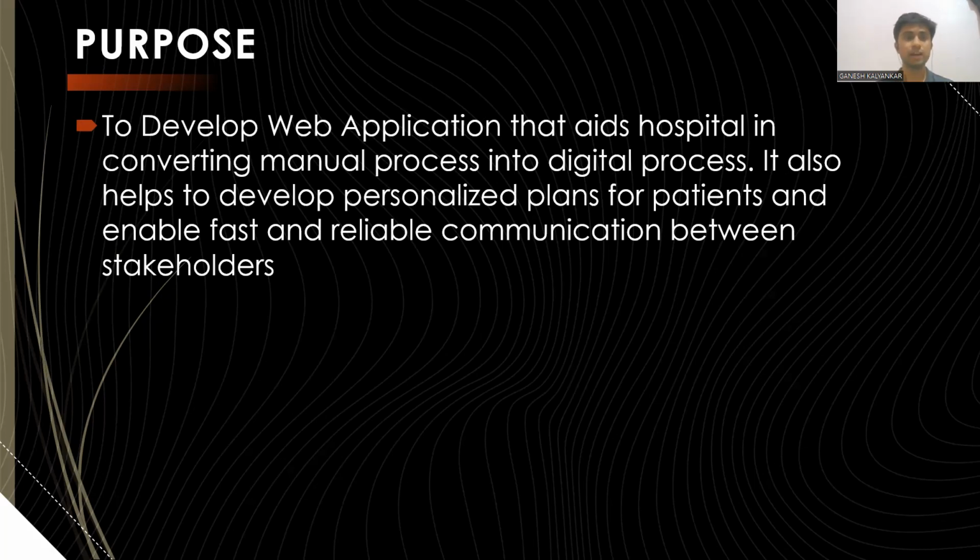It also helps to develop personalized plans for patients and enables fast and reliable communication between stakeholders. Here I specifically talk about the TM web application, where we have to create the SRS document for the patient doctor interface.